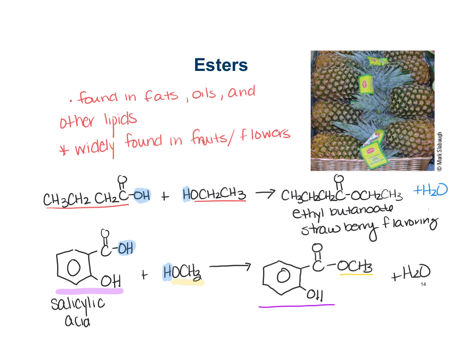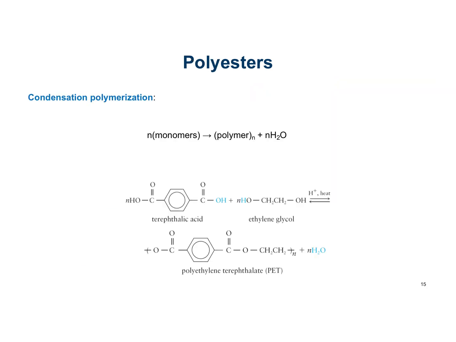Now, one of the applications of the esterification process is making polyester. Polyester is found in a lot of different consumer products, and it's just what its name implies. It's polymers made by the esterification reaction.